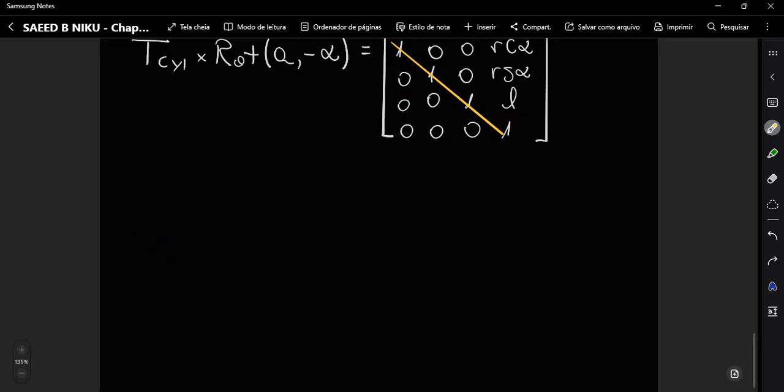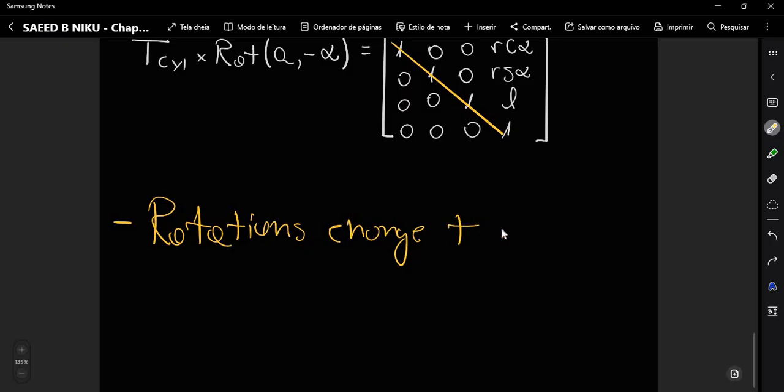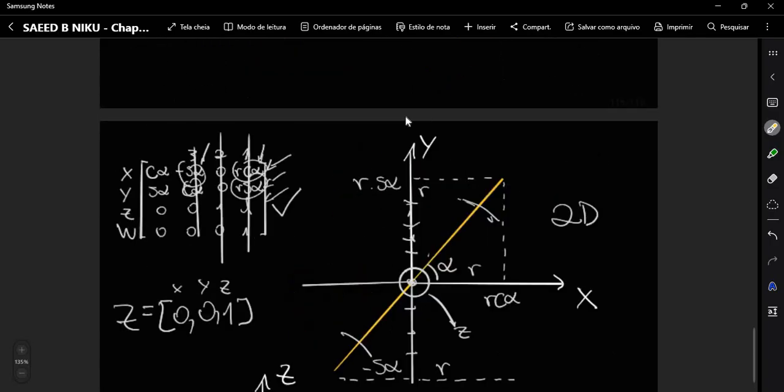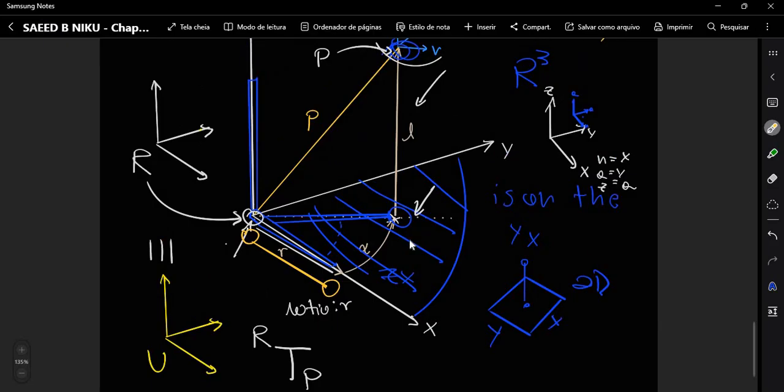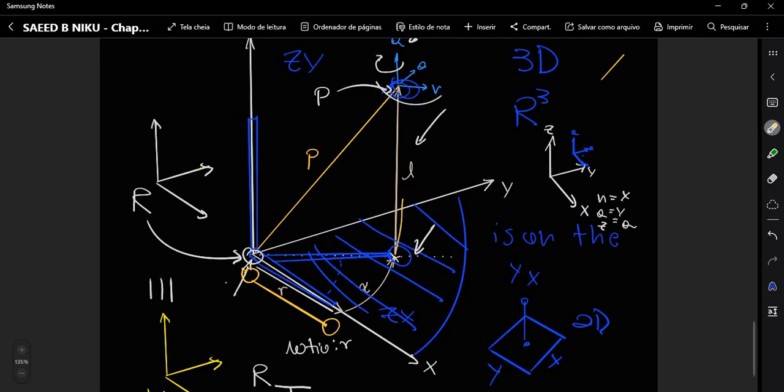Rotations change the orientation. And after the rotation, which changes the orientation, we do another transformation of translation. And again, from here, the orientation doesn't change, just the position. It was on this position and we change to this position.